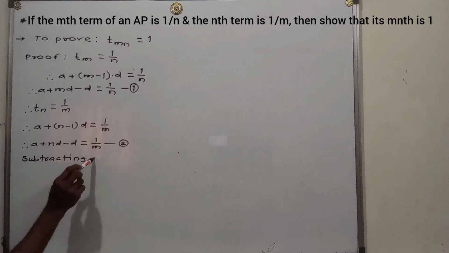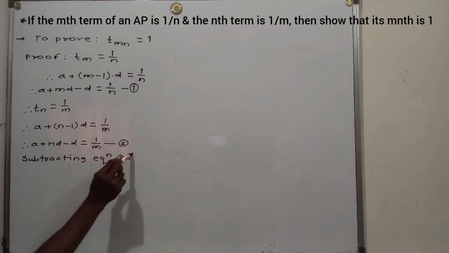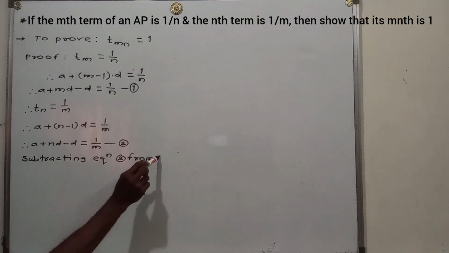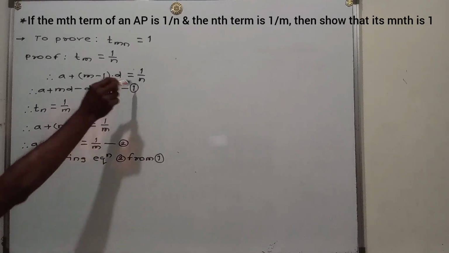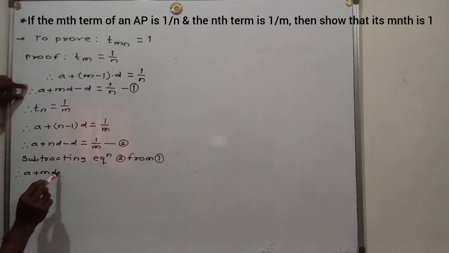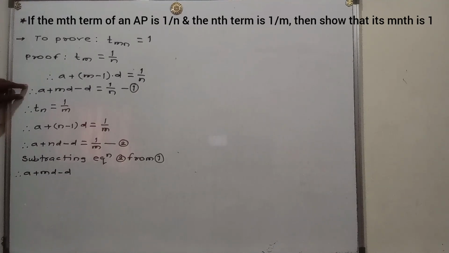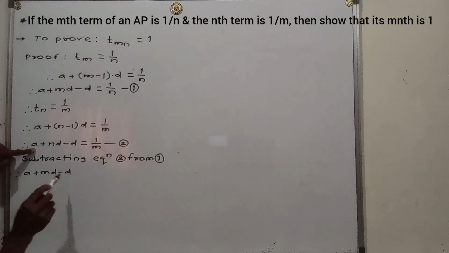Subtracting equation 2 from equation 1. So take this first: a plus md minus d from equation 1. First equation number 1 and its left side LHS, we subtract the LHS of the second.